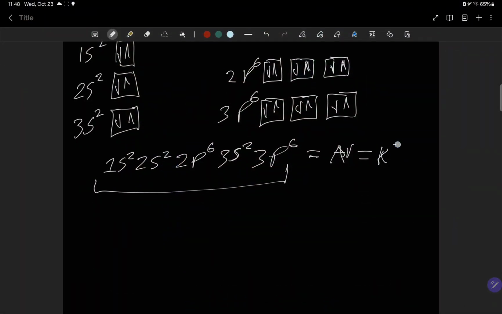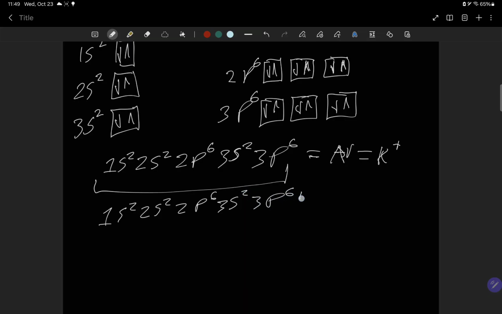K plus. Because if you add 1 electron to potassium, which would be 1s2, then 2s2, 2p6, and 3s2, and 3p6.